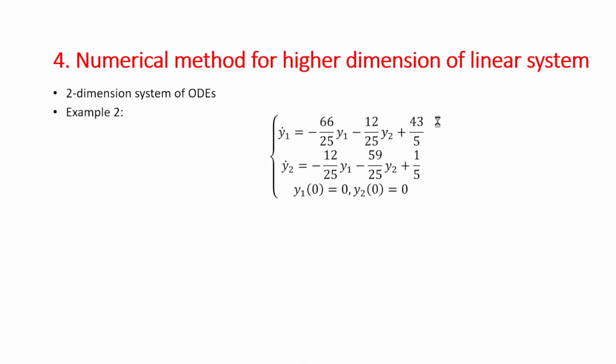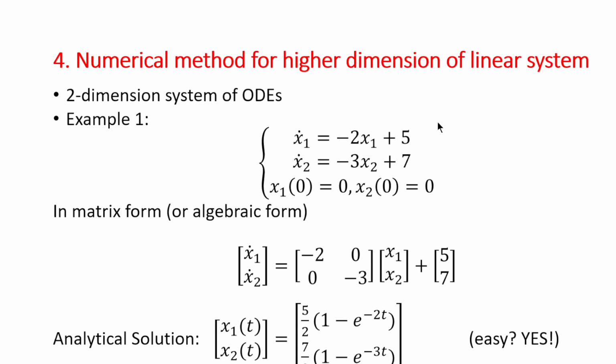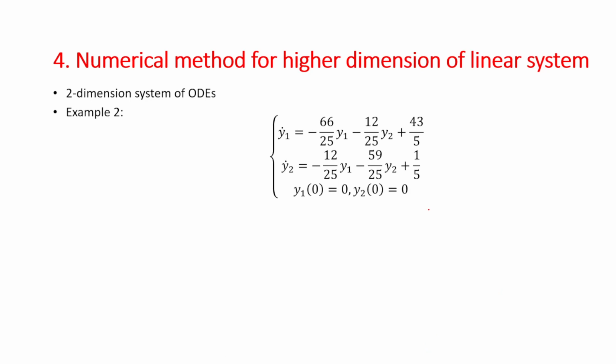Okay, so here is just to show you that for this kind of system it's easy, you can solve it immediately using analytical method. But then if you have a system like this, y1 y2 happen to appear on both equations on the right hand side.